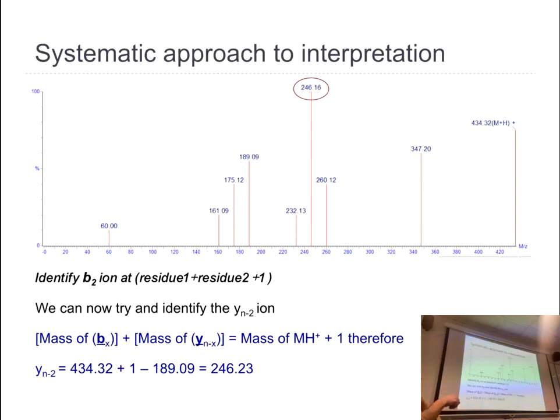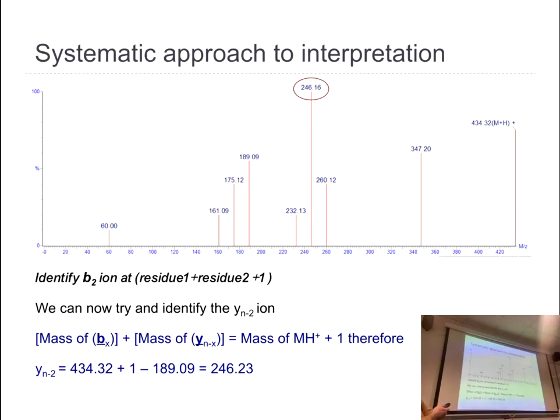That gives you a mass of 246.23. Do we have that in the spectrum? Well, close. We've got a 246.16. Remember from my previous lectures, it's accurate, but there's always a mass error. So this is good enough, I would say.